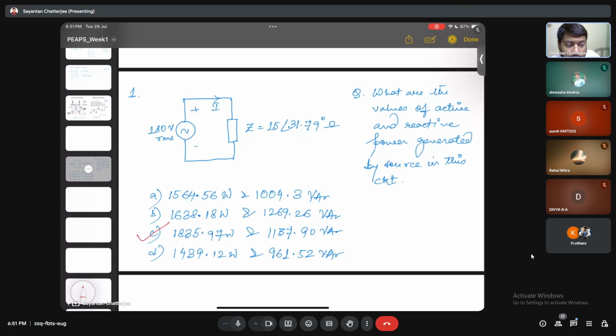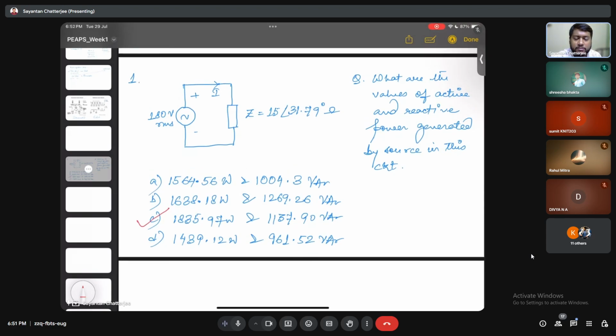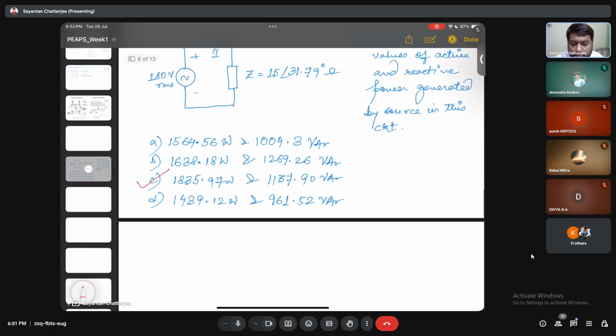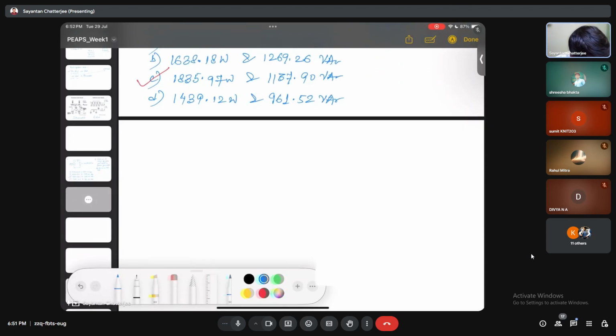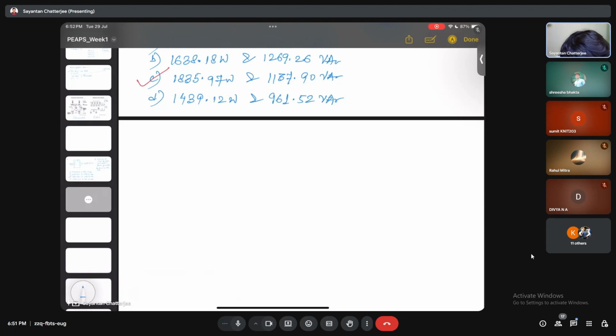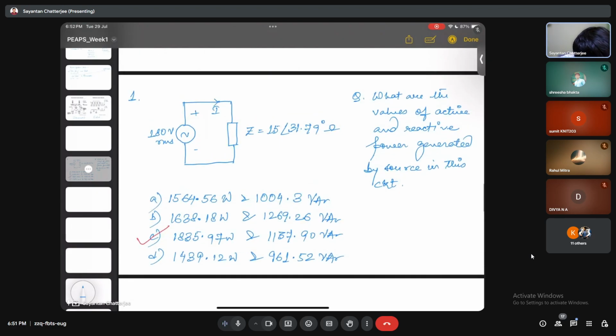For others, you may try to solve, and I'm also solving it. These are 2-3 line questions. I think you have noted down the values, right? So that I can go to the next page. As it is given, what are the values of active and reactive power generated by the source in this circuit?